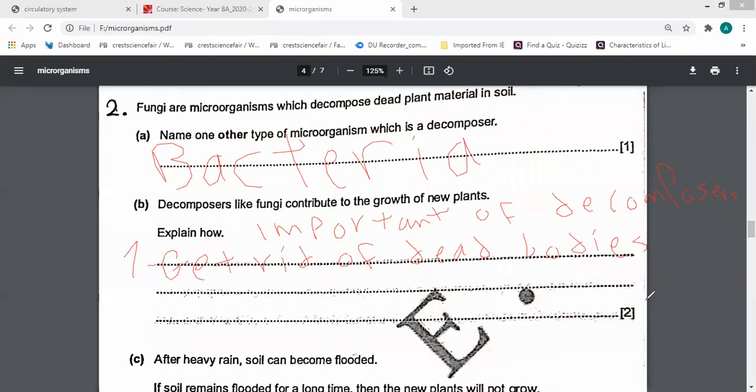Break down the remains of dead bodies. Can I say this? Break down, yes, no problem. Get rid of dead bodies, so it prevents spreading of diseases. And so prevent spreading of diseases.